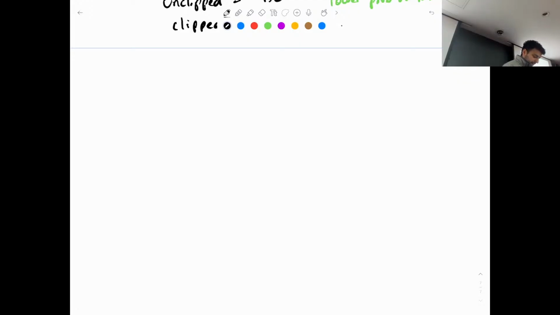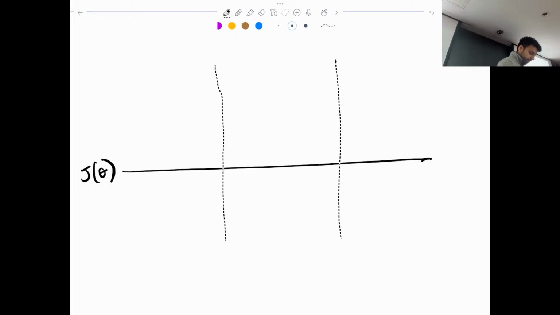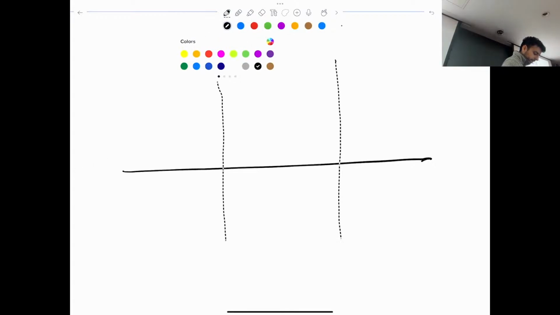Okay, so here let me just plot our advantage. And so I'm also going to draw the thresholds here for our policy ratio. So say we have this, and let me just write this a little cleaner.